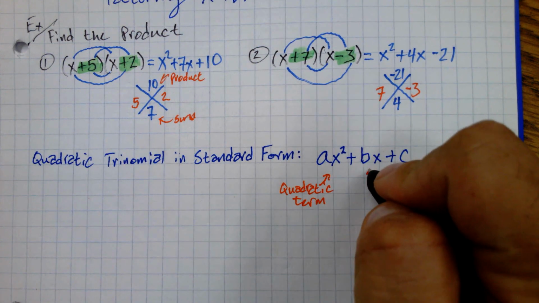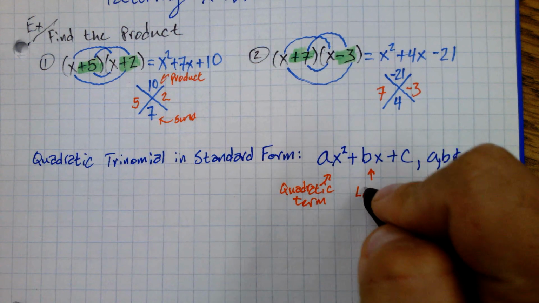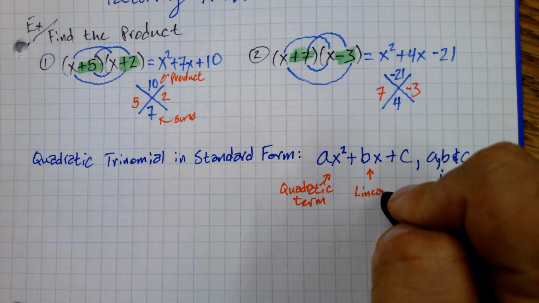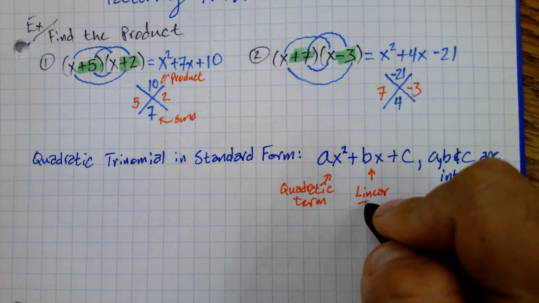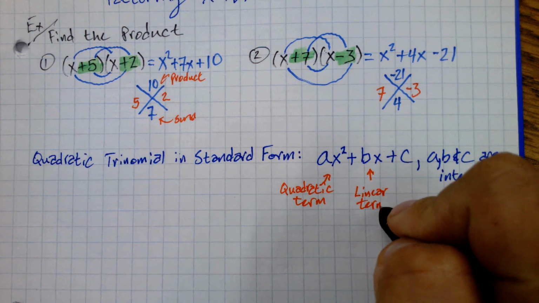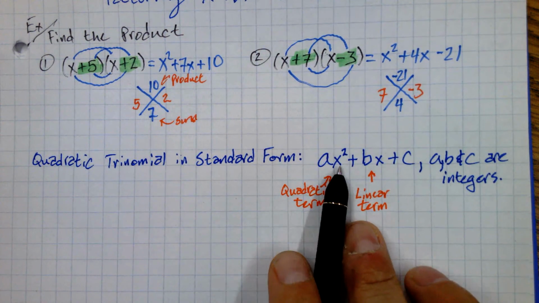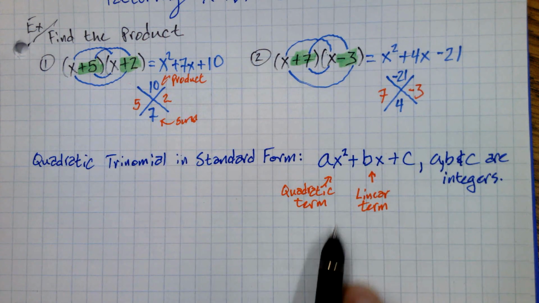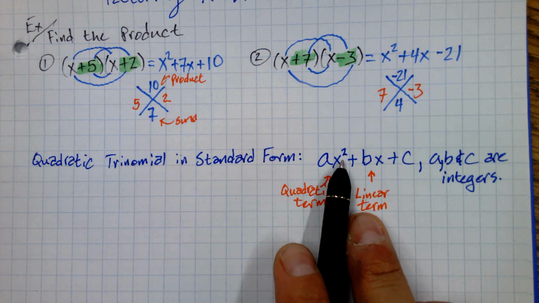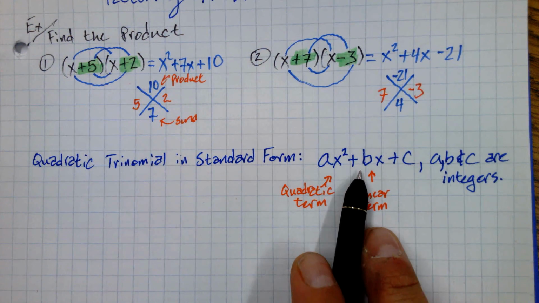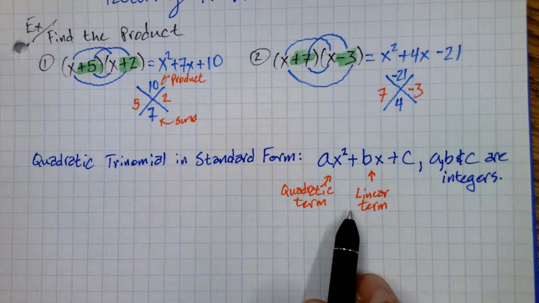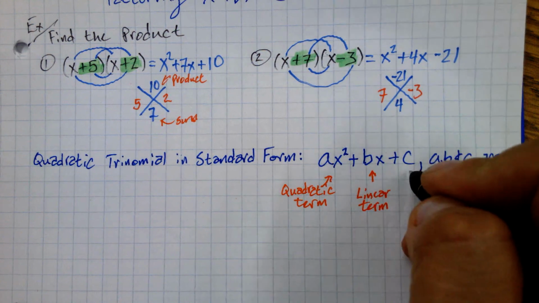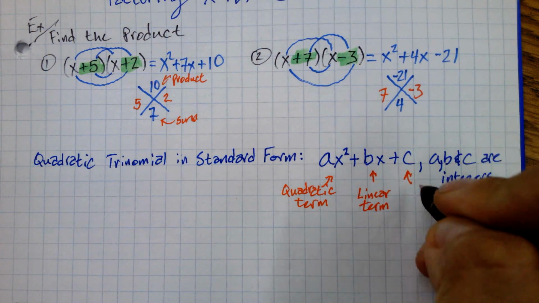Bx is called the linear term. So quadratic because it's to the second power. That's the leading coefficient, and the degree is 2. Linear because this is x to the 1. And this is called the constant term.